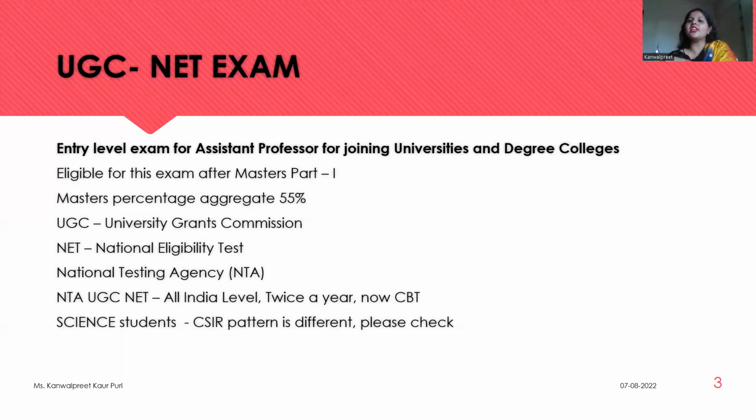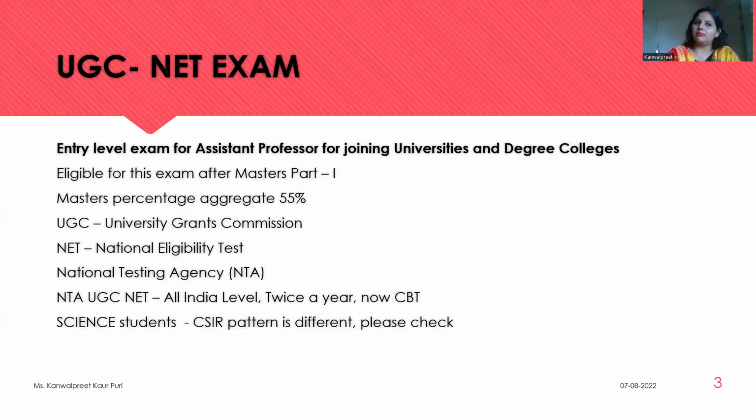You are eligible for this examination immediately after you clear your master's part 1, and the aggregate percentage should be 55. I always suggest to my students that when entering the teaching profession, it will be better to score at least more than 70% in master's part 1 as well as part 2, because we are then supposed to teach our students, and it is always better to score good marks.